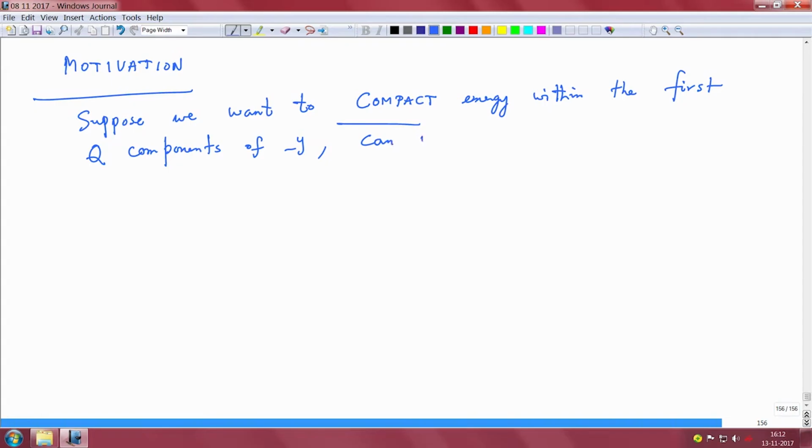Can we construct a transformation that does this? That means I take some transformation of x and I get this vector y, and I will observe the energy in y, I want to compact it within the first q components of y.